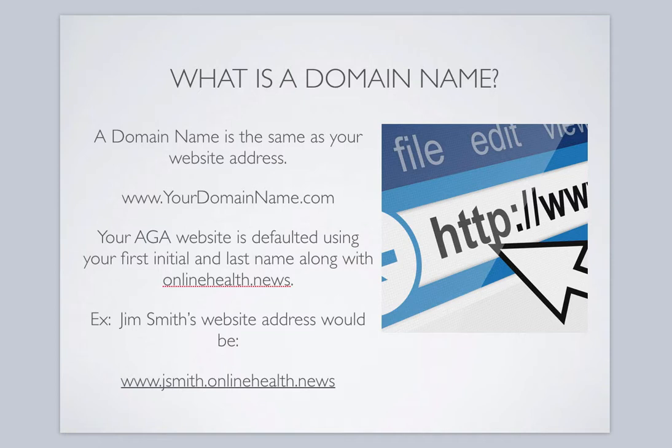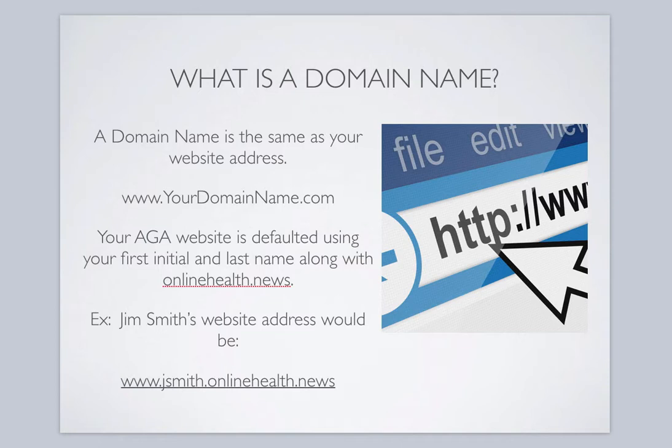We understand that is sometimes difficult to remember, but obviously you're going to be putting that on your business cards, and so people will be able to see it when they go to it. But a lot of times this is why you may want a custom domain name, just to make it a little bit easier for your clients to remember what your website address actually is.